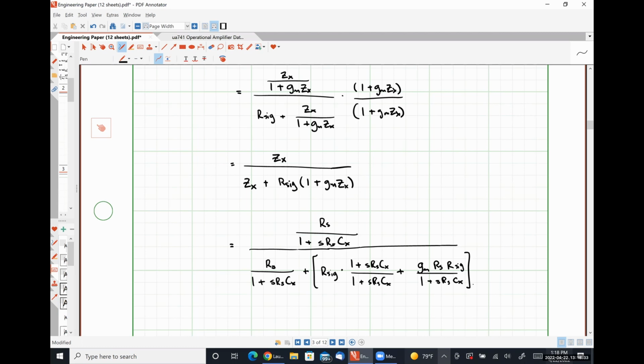And since I have a common denominator for literally every term here, all of those are going to cancel each other, right? I have the same common denominator in the denominator of this fraction as I have in the numerator.